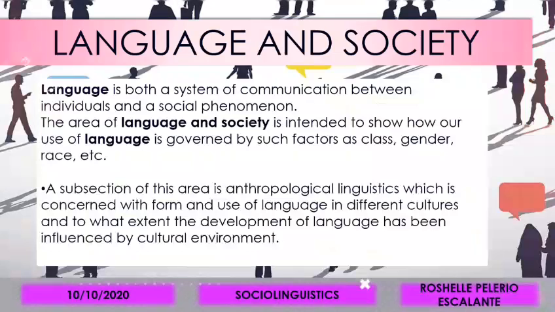Language is both a system of communication between individuals and a social phenomenon. The area of language and society is intended to show how our use of language is governed by such factors as class, gender, race, geography, ethnicity, and many others.